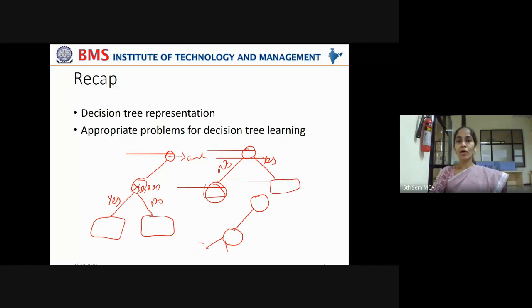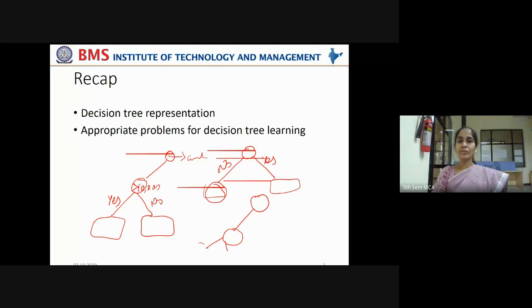Disjunctive means or. If this is correct, or this is correct, or this is correct, that kind of condition checking can be done by decision tree algorithms. And it can also use if this is true and this is true and this is true. This is called the conjunctive form of rules. Even that can be applied by using decision trees.